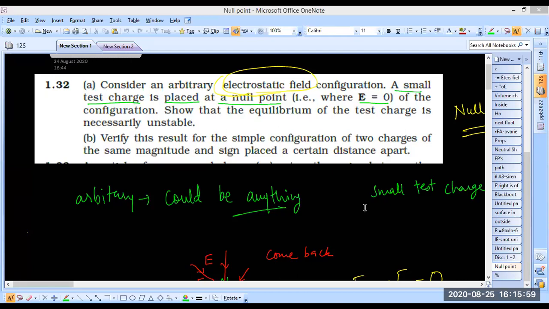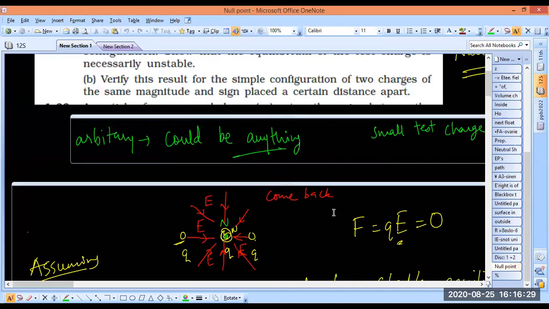Okay, anything else? Should we instead get started with chapter 2? Or will the null point be always at equal distance from charges? If the charges are equal in magnitude, it will be.